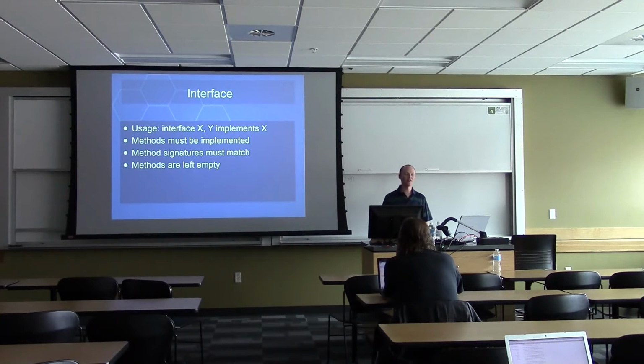The method name must match. The parameters passed in, if you do type hinting, so if this must be this object, it must be the same object. Those are all enforced in an interface. So method signatures must match, or else you can get an error. It's not going to work. The methods, again, are left empty. There's nothing inside the interface methods.